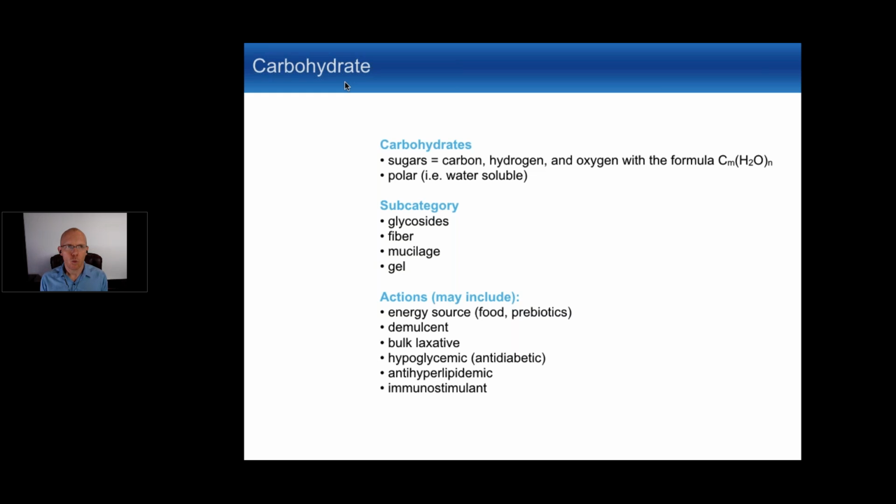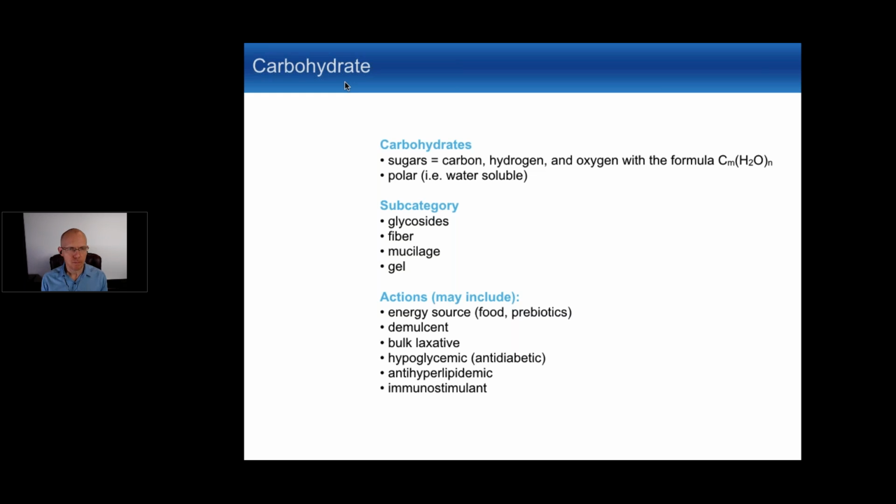Now, polar compounds dissolve well in water, and they'll do this if they contain high amounts of either oxygen, nitrogens, or even sulfur molecules. And so those oxygens and nitrogens and sulfurs allow for these things to interact with water, and it's like they're little magnets that can have that positive negative charge within the molecule. And so carbohydrates in general are water soluble.